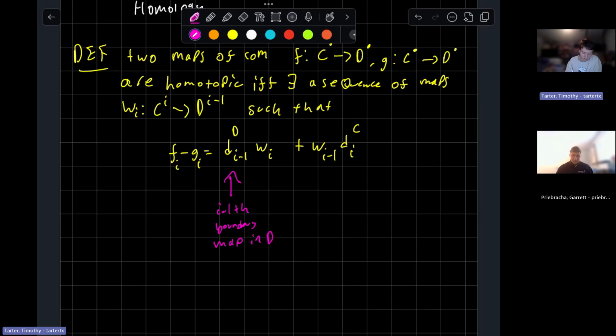D, so this is going like di minus 1, di minus 1, di. This is going ith boundary map.